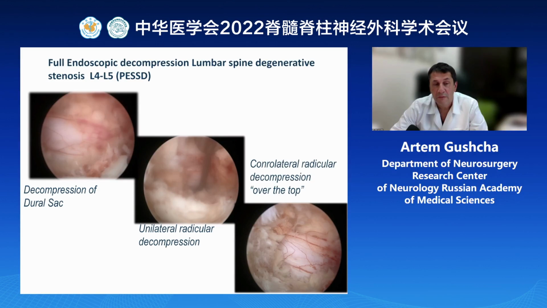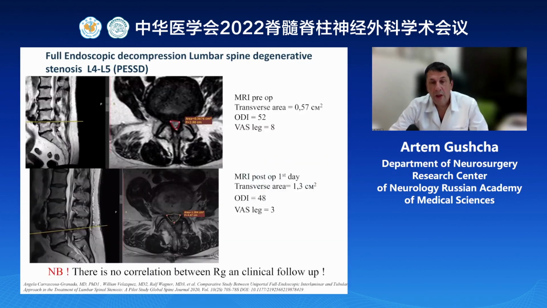and then if it's necessary to perform several levels of decompression, the cannula should be repositioned, and it can be done at another level. And of course, you can't see the complete relation between the X-ray after the surgery, MRI control, and real clinical follow-up. But in general, we can normally reach double the cross-sectional area of the spinal canal.